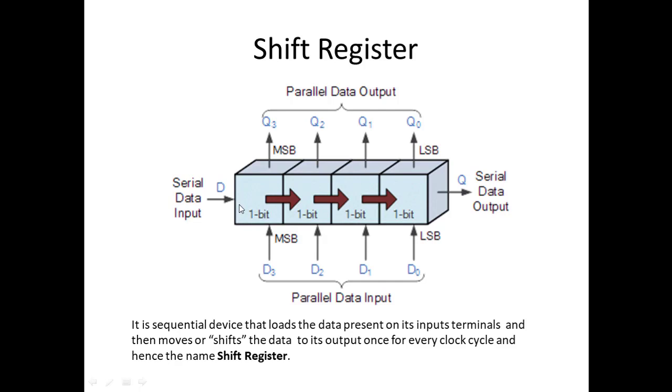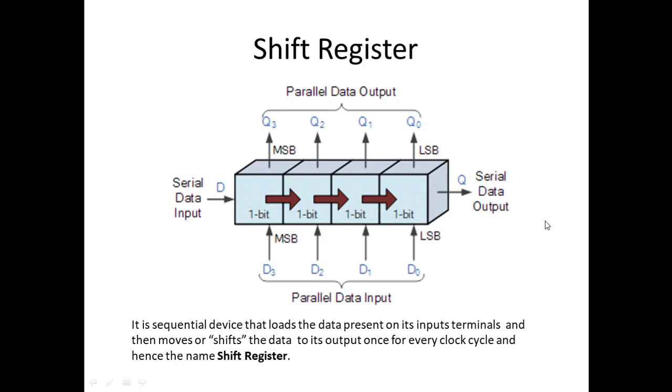In the next 4 consecutive clocks, you will get all the 4 ones out at the serial data output. So to get out all the data fed in, the 4 bits, we need 8 clock pulses.